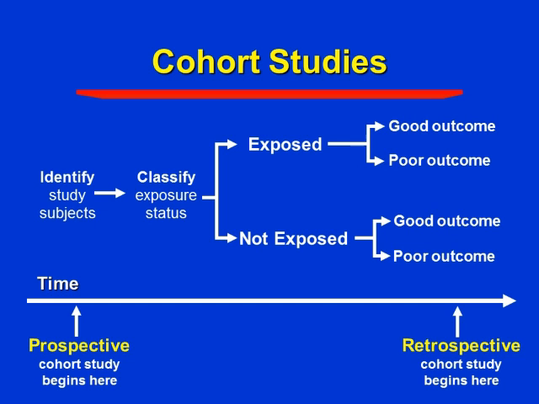This was a prospective study where you start far to the left on this timeline, you identify your study subjects, you classify them based on exposure status. This was circumcised versus non-circumcised, and then you follow them over time and see which one gets a good outcome and which one gets a poor outcome, disease or not disease.